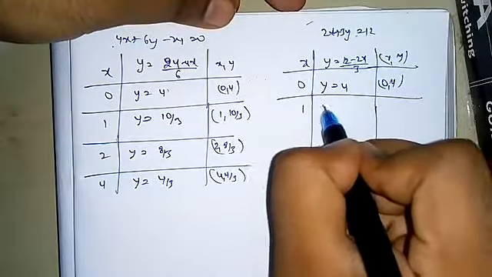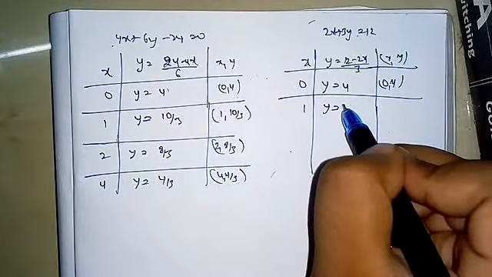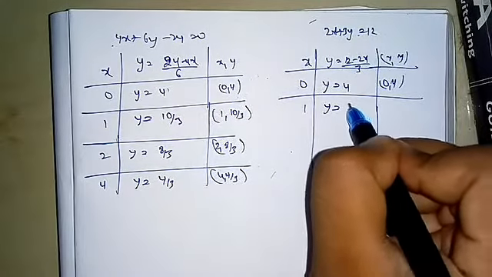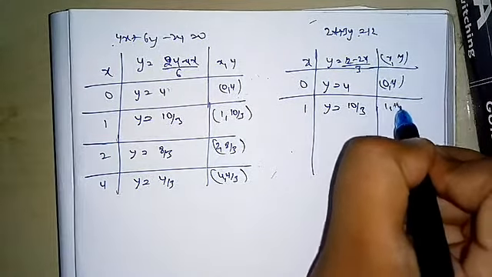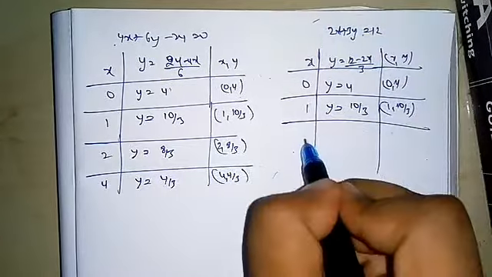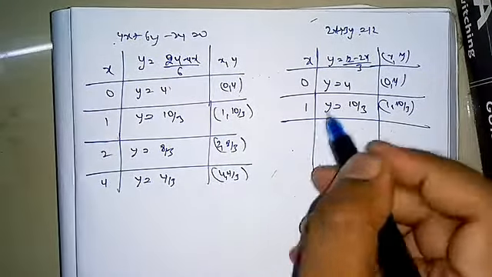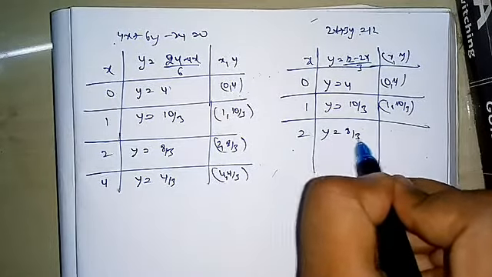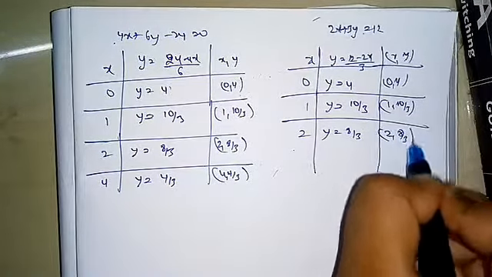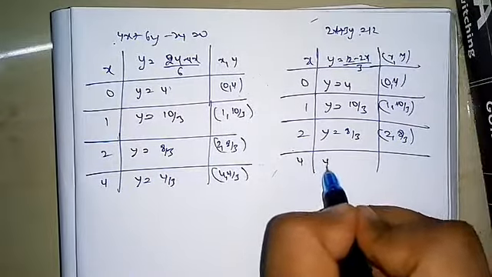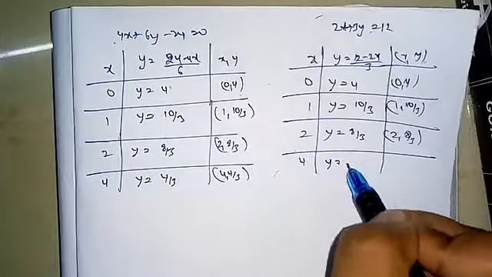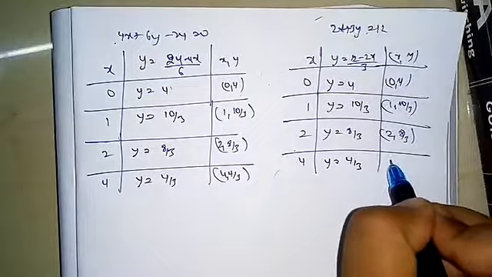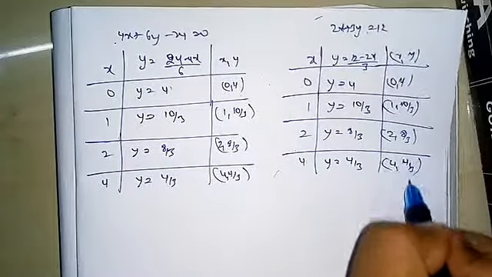For x equal to 1, y will be 12 minus 2 is 10 by 3, 1 comma 10 by 3. For x equal to 2, y will be 12 minus 4, 8 by 3, 2 comma 8 by 3. For x equal to 4, y will be 12 minus 8, 4 by 3, so 4 comma 4 by 3.